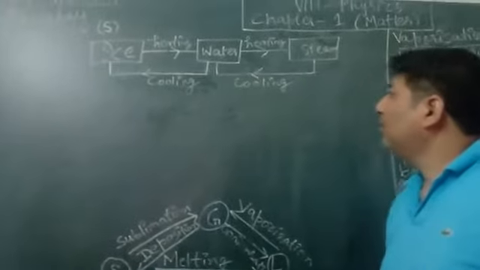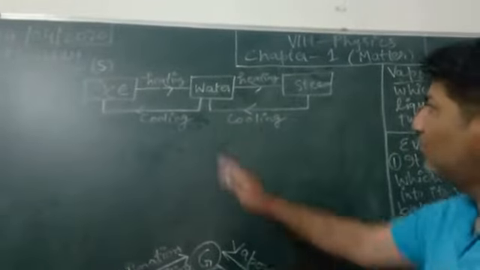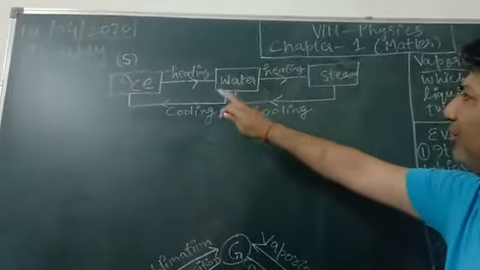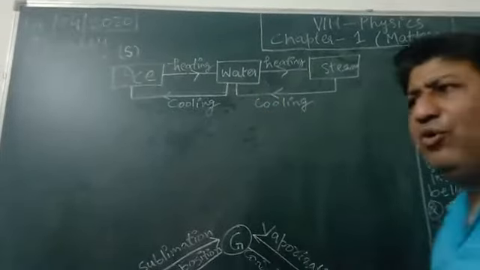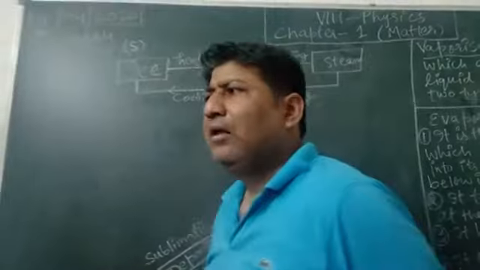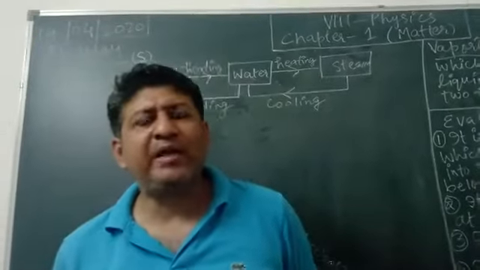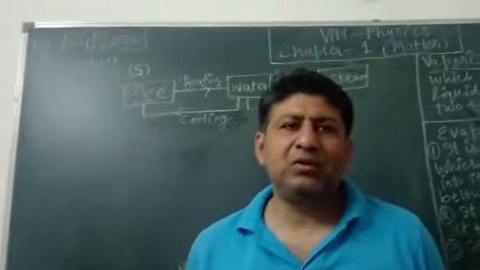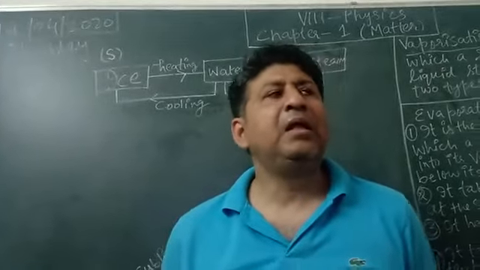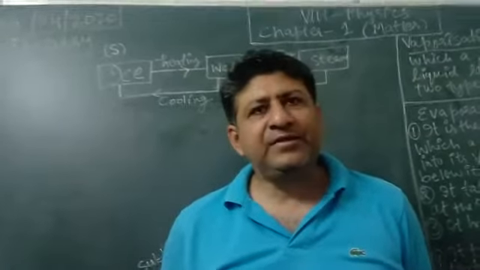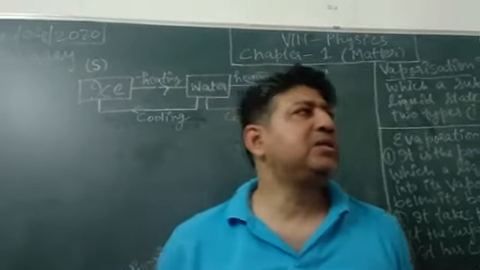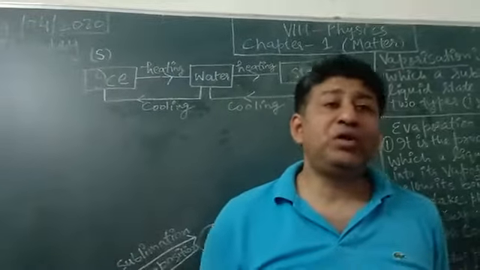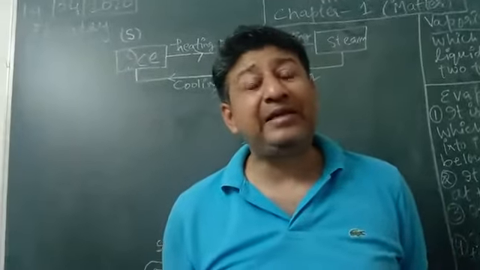So with temperature, you have seen that the change of state can take place. However, we have noticed that the water which boils at 100 degrees Celsius at sea level, if we take the same water to hill stations or hilly areas, starts to boil earlier.